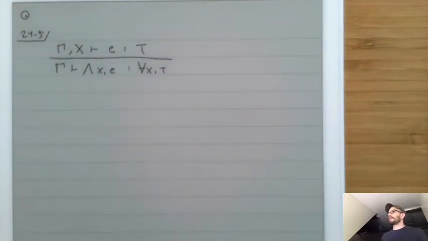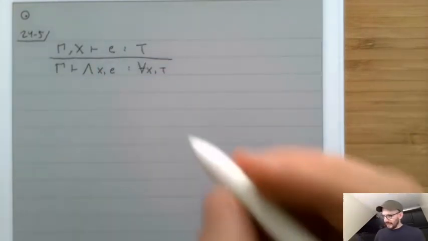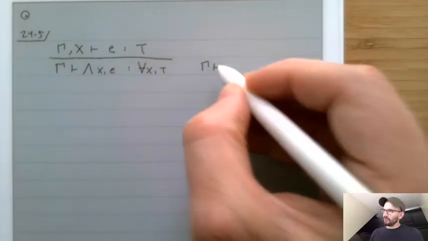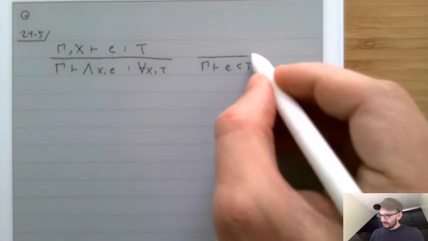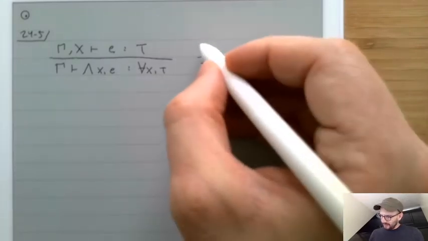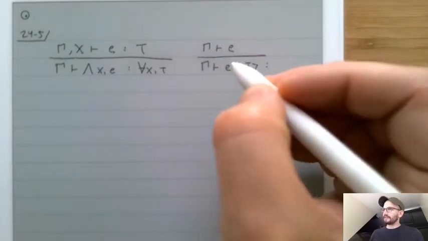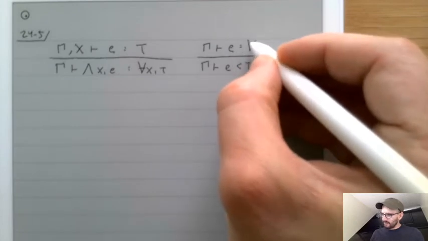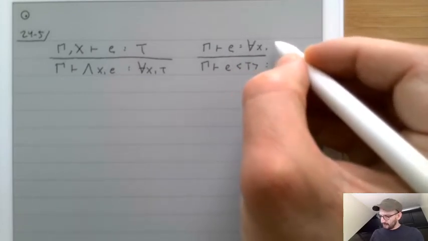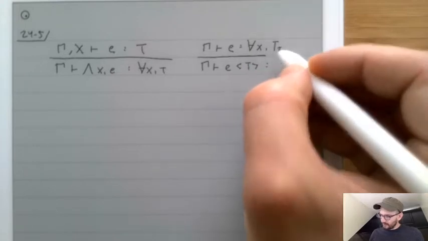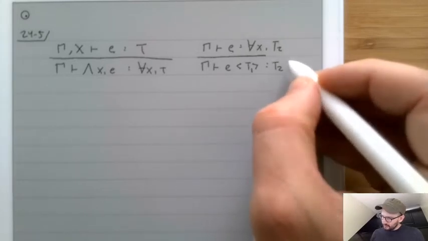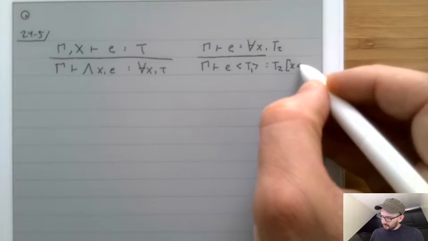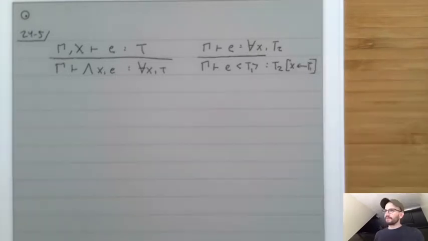Next, we'll say that gamma proves that e applied to type t1 is a certain type if gamma proves that e is of type for all x t2. So we'll call this t1. Now what we do is we're going to say take t2, find all of the x's, and replace them with t1.